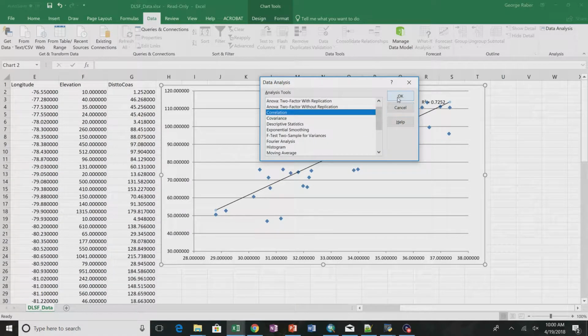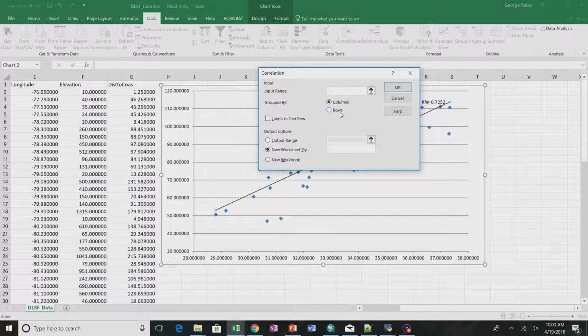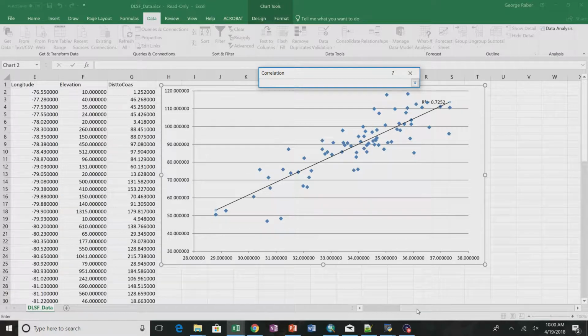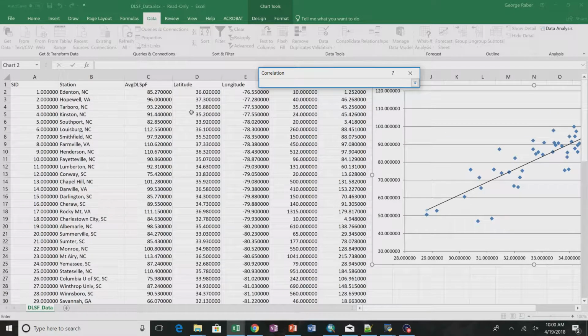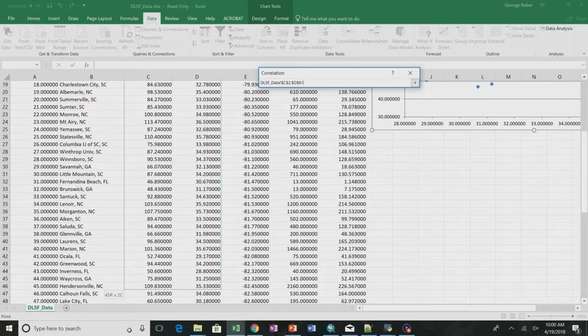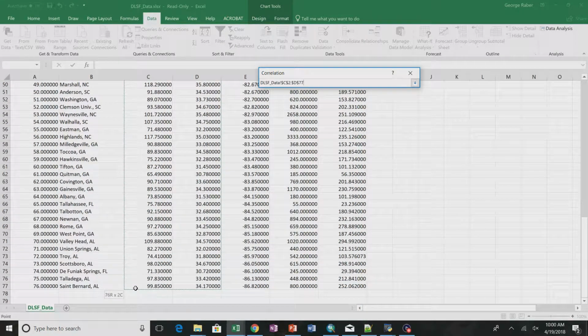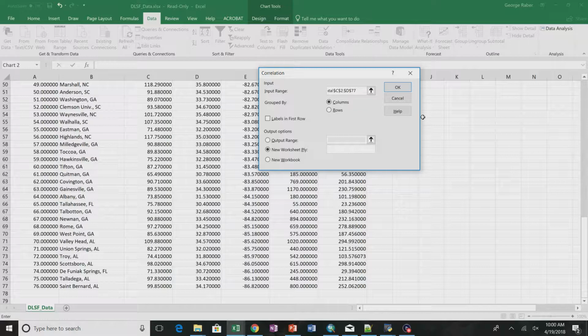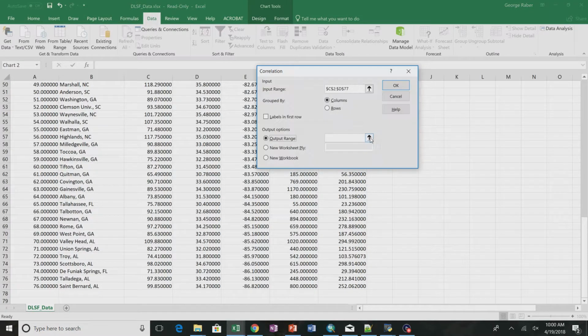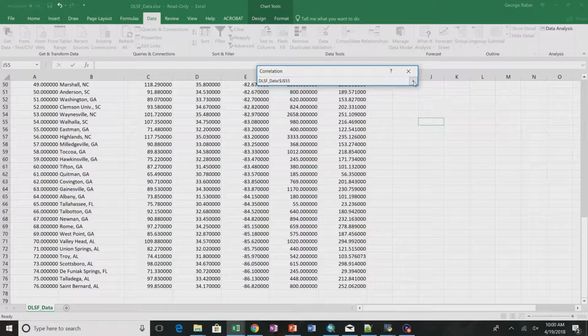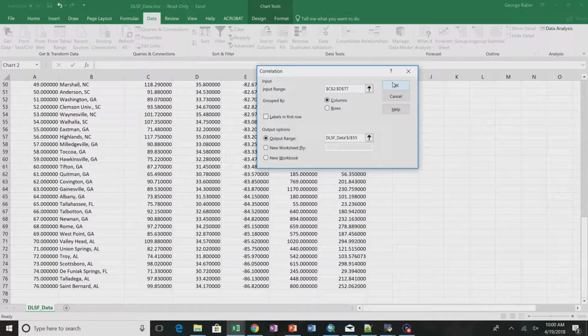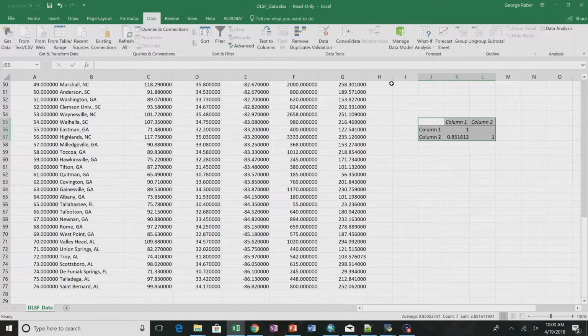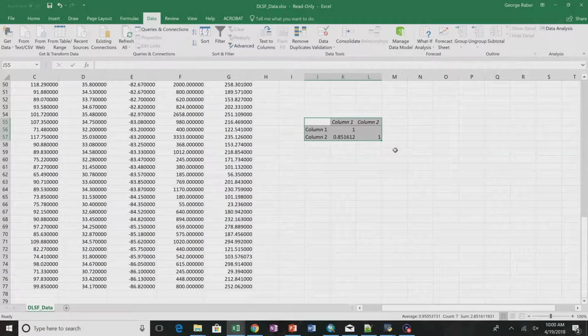Yep. So we can do correlation right there. And we want to get the latitude and the average last day of spring frost. I'll just put it right here. Huh.